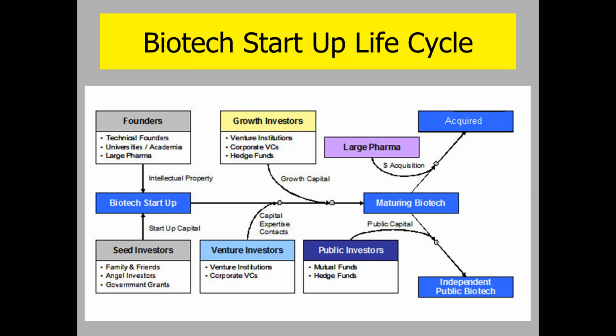So when you're starting a biotech company or a small drug company, you have founders. Those founders can be people working in universities or academic labs. They are usually people who are skilled in technology.